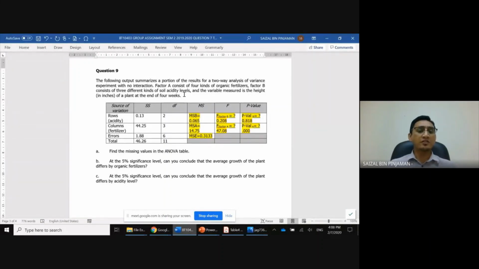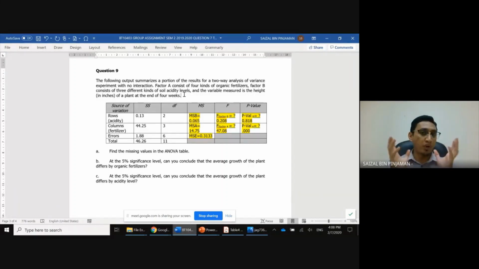So that is the purpose of conducting the analysis of variance, identifying whether certain factors can influence a certain result or not. Identifying the relationship, if we can call it that, between dependent and independent variables.